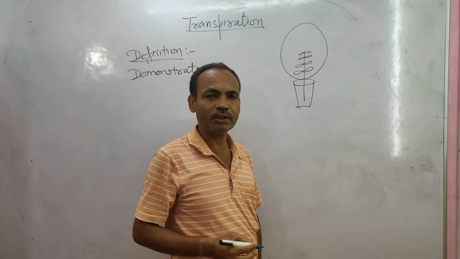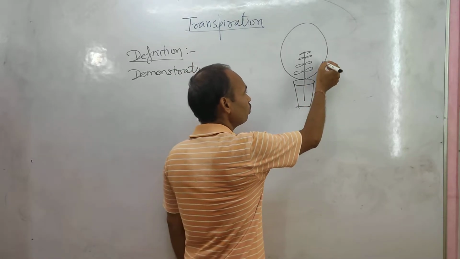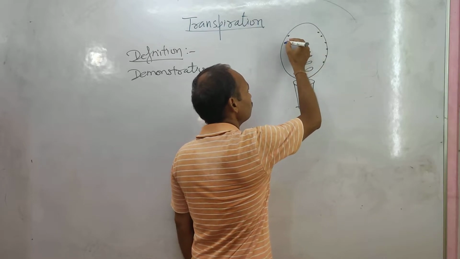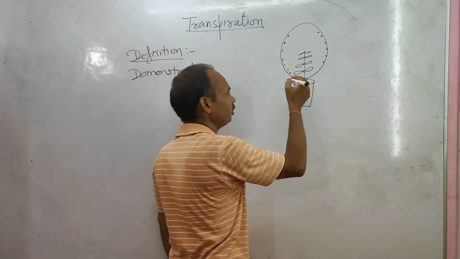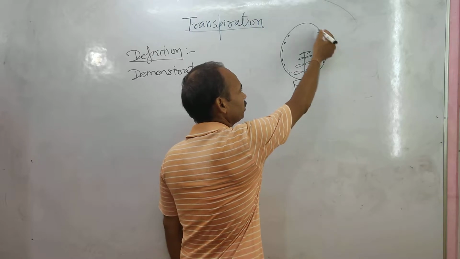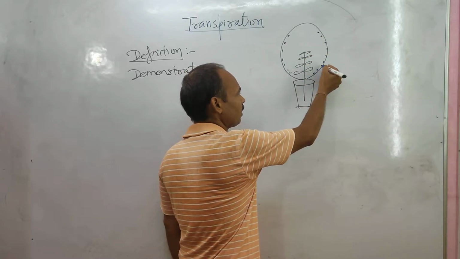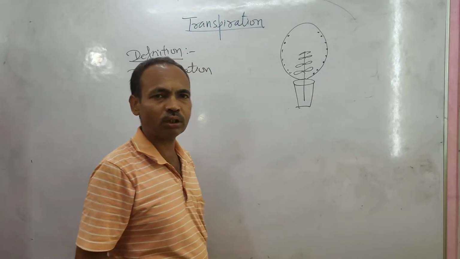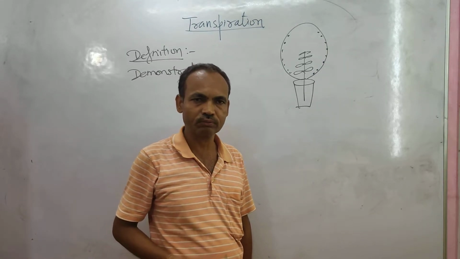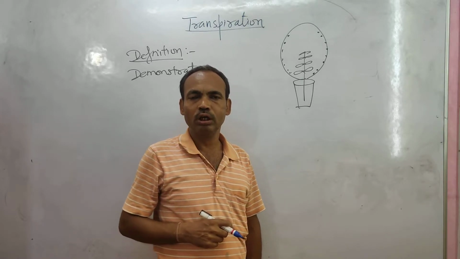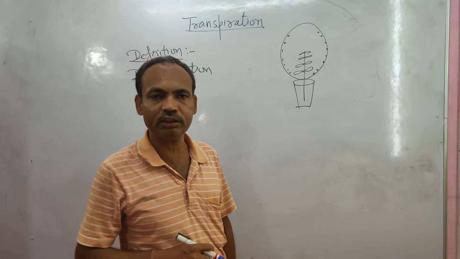After half an hour, you will see a water droplet at the corner of the polythene, which confirms transpiration, but it is very minute and you cannot see it with the naked eye.